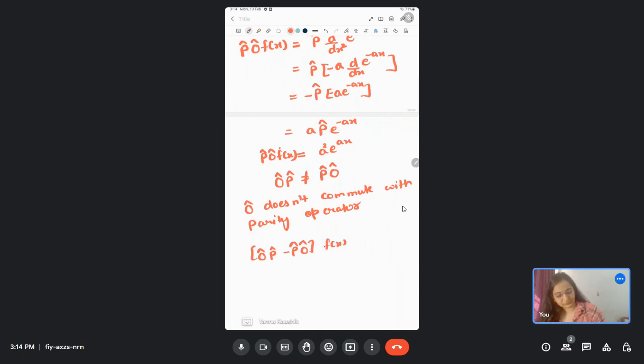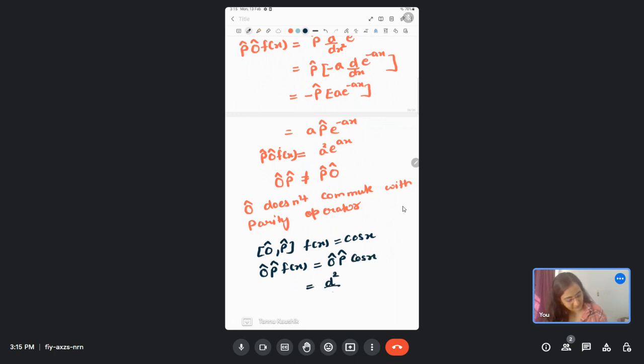So let us see whether this operator O, d square by dx square, commutes with respect to fx equal to cos x. So O P of fx is equal to O parity of cos x.